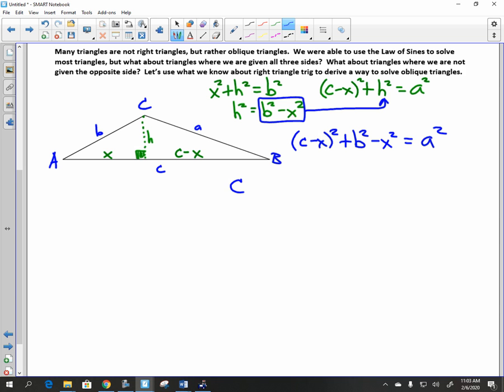I get c squared. Then what? Minus 2cx. Then what? Plus x squared plus b squared minus x squared equals a squared.